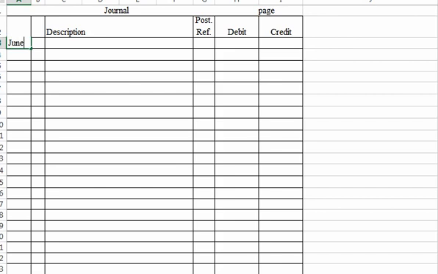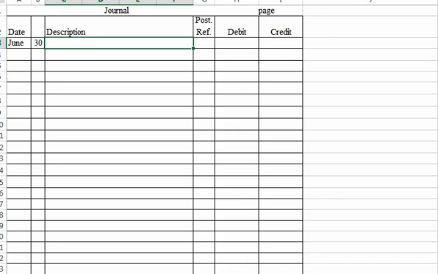It's going to be made on June 30, 2016. What we want to do with this entry, we want to put cost of goods sold on the books. We want to put ending inventory on the books. We want to take everything else, all the rest of these accounts, off the books.